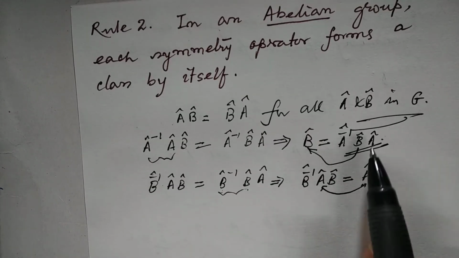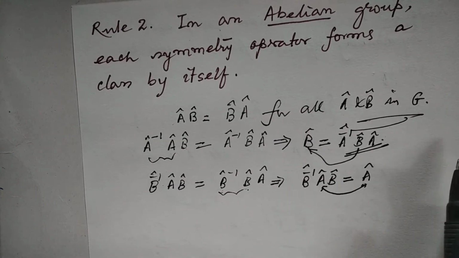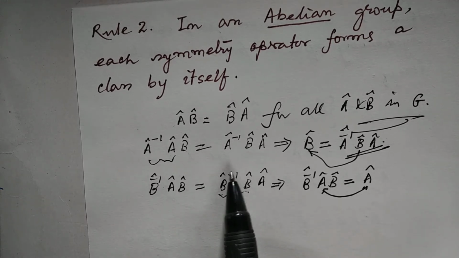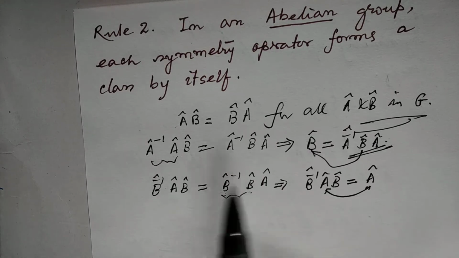So A is in a separate class, B is in a separate class. Every element of an abelian group is in a separate conjugate class.